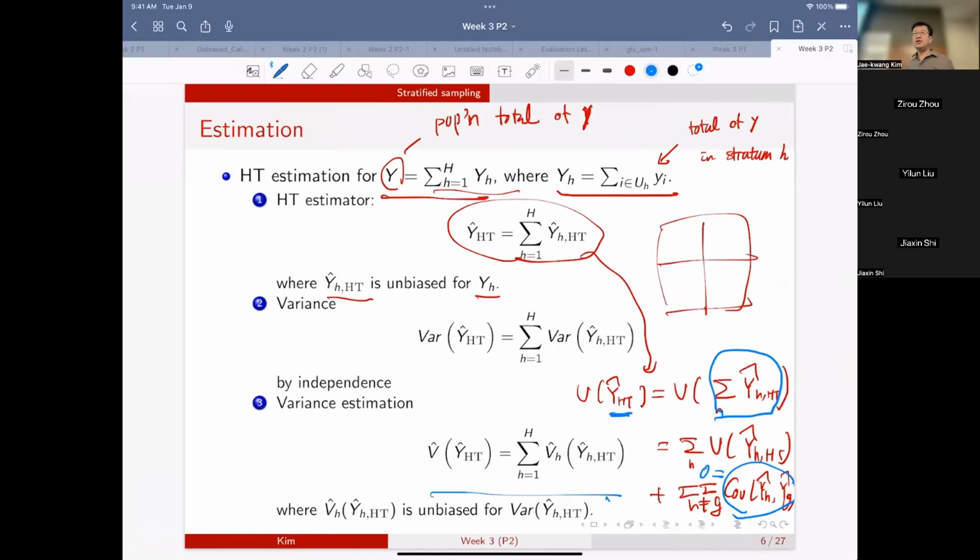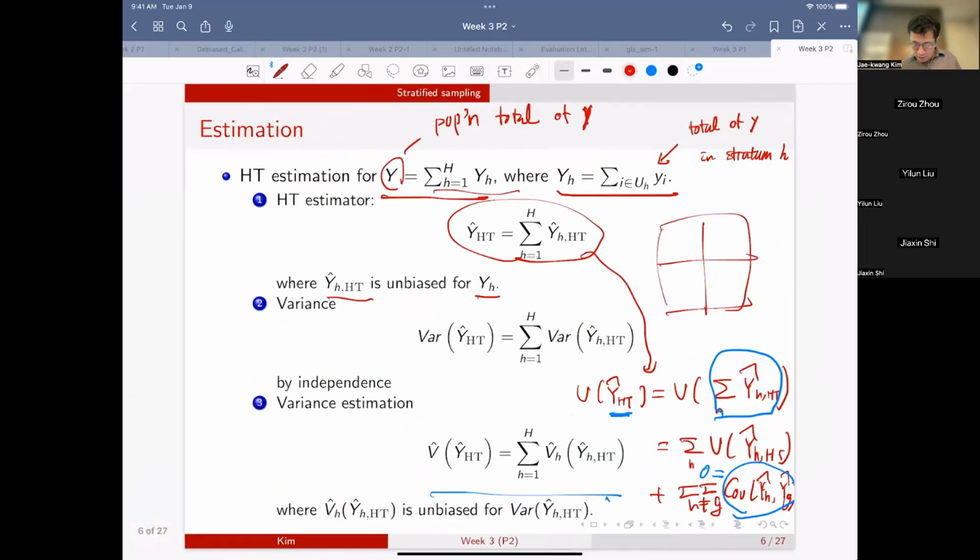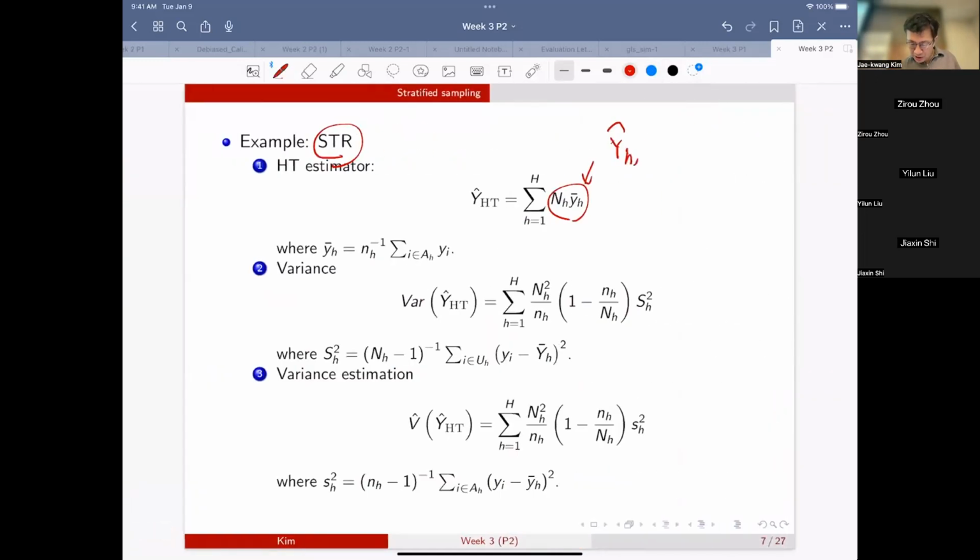For the general stratified sampling design, and then for the special case of stratified random sampling, which means you have simple random sampling within each stratum, this is the Hurwitz-Thompson estimator for the subpopulation H total.